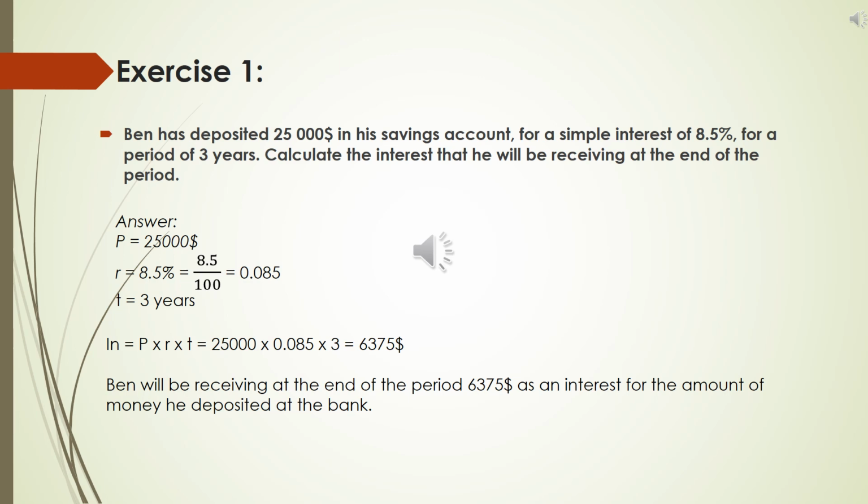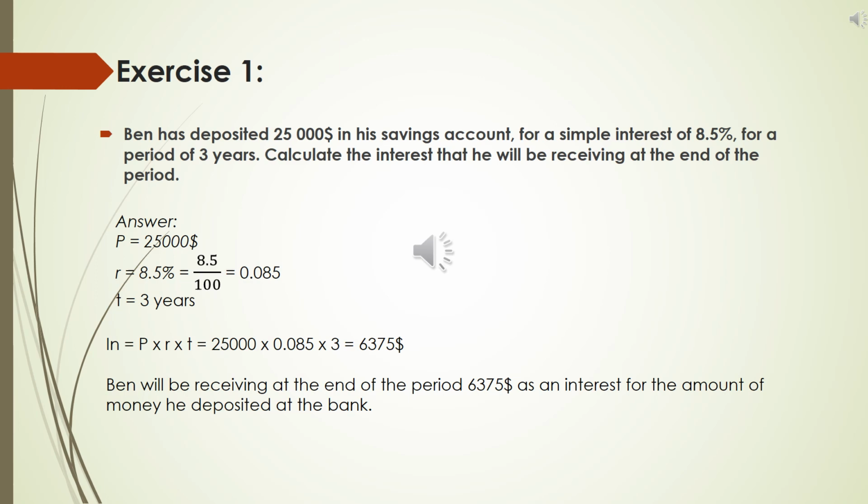In this exercise, we had R in years. The interest rate is always per year, and luckily in this exercise, the period of time T was also in years, and that's why we were able to calculate I without any problems. But in the next exercises, we don't always have the interest rate in years and the period in years.